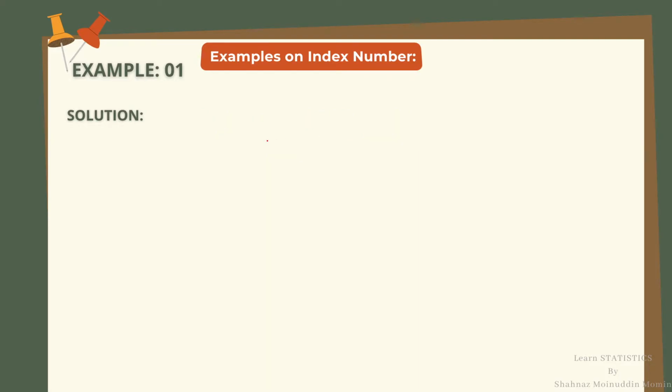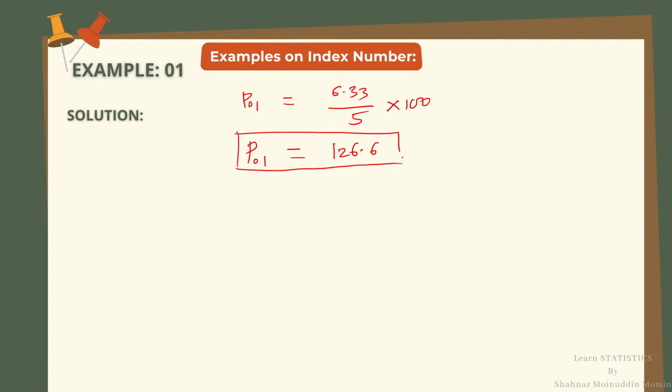After putting the values, we get P01 is equal to 6.33 divided by 5 into 100, which is equal to 126.6. This is the simple price relative index by using arithmetic mean.